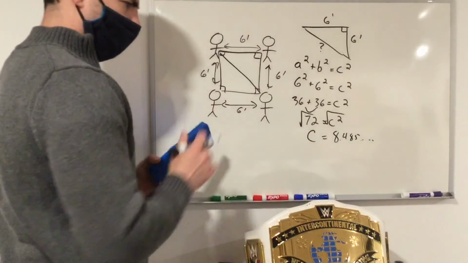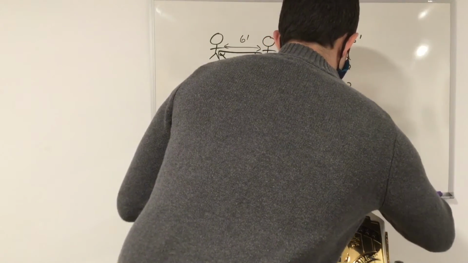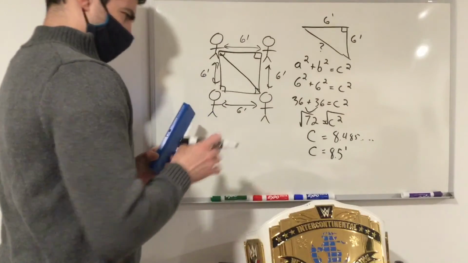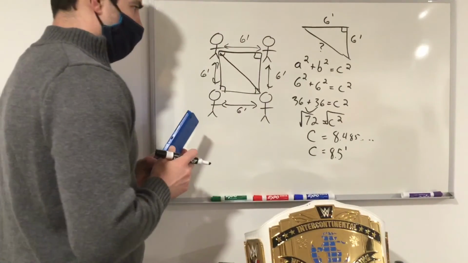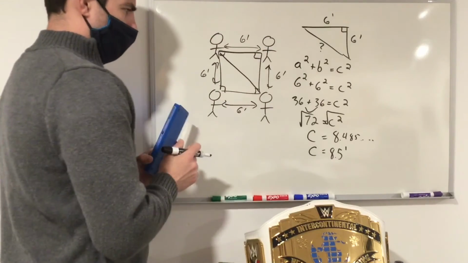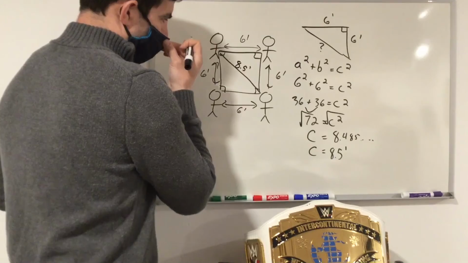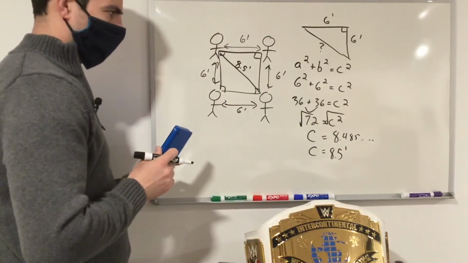If I round to the nearest tenth, c equals 8.5 feet. So if I'm practicing safe social distancing and standing 6 feet away from two of my friends, I would be standing 8.5 feet away from the friend who's diagonally from me.